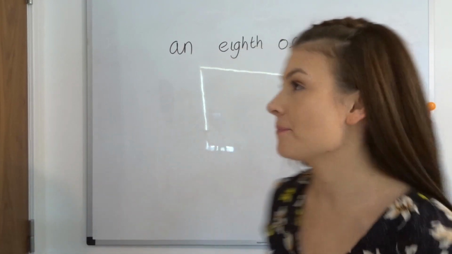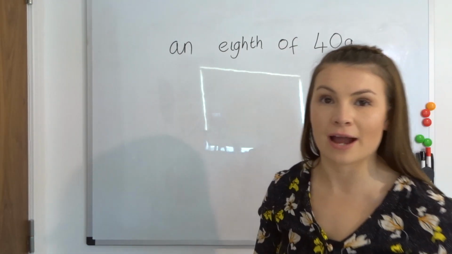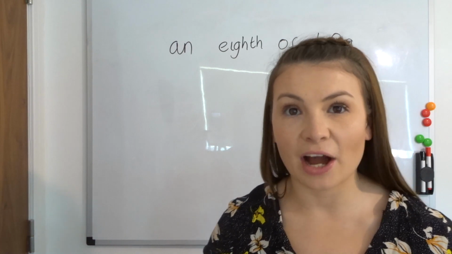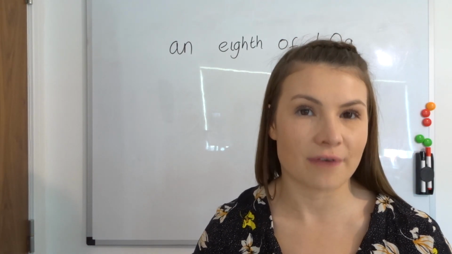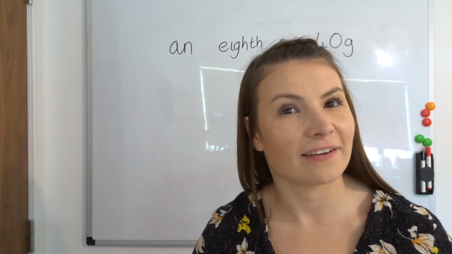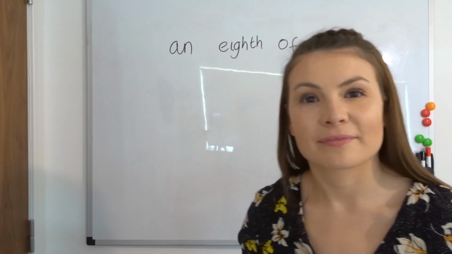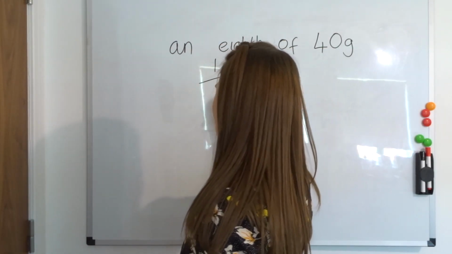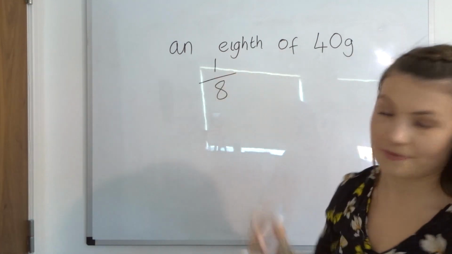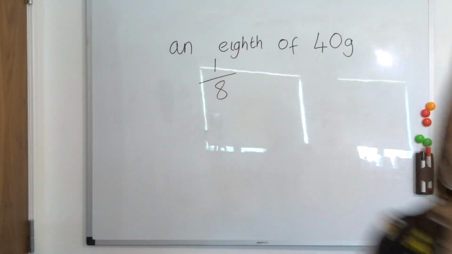It says to find an eighth of 40 grams. So just quickly, I want you to have a think about what an eighth looks like as a fraction. It looks like this. Okay, 1/8, an eighth. Okay, have a go at answering this question.